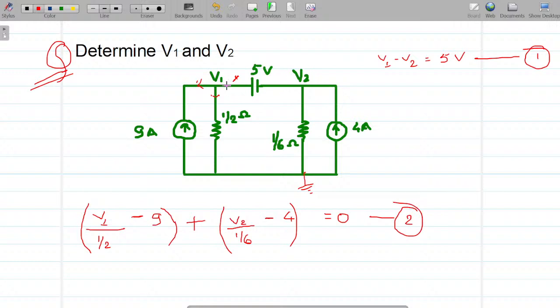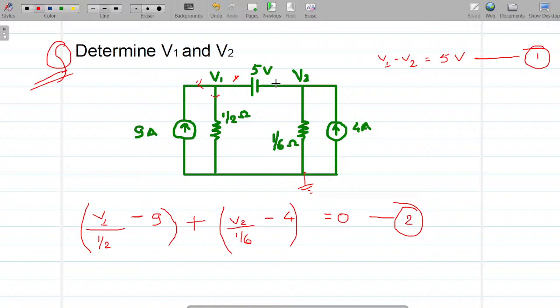Because ideally, what should be here? 5 volt divided by a zero resistance, that should be a huge amount of current. That cannot be true, right? So can I write whatever is the current here would be the current which is here, because at this point would be the sum of currents here.